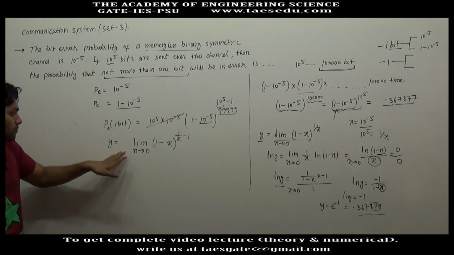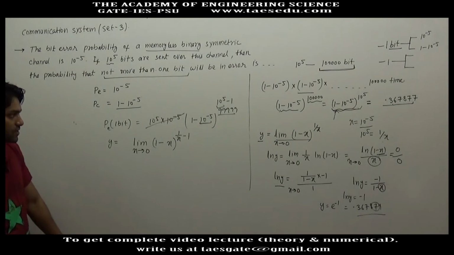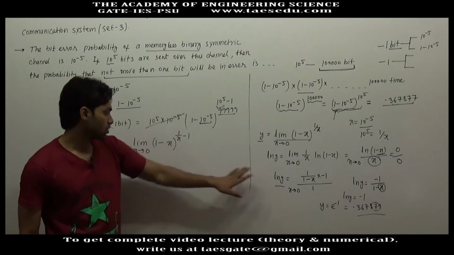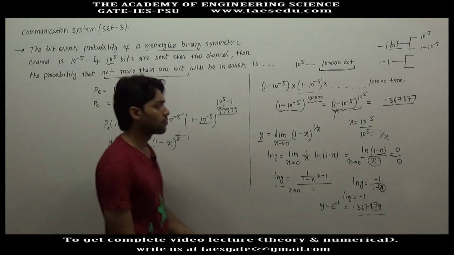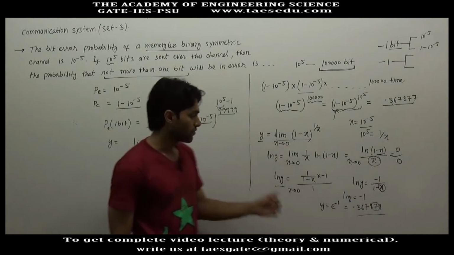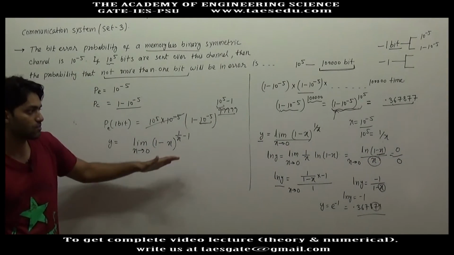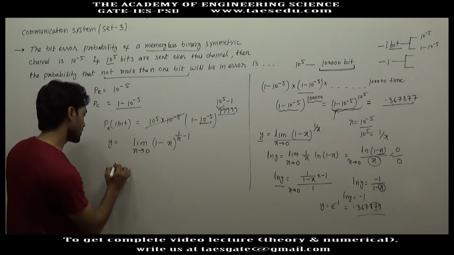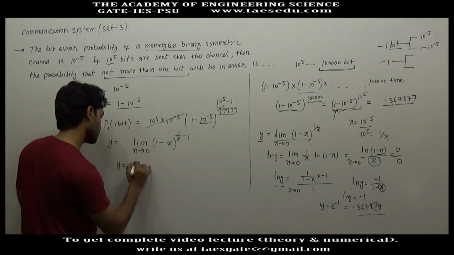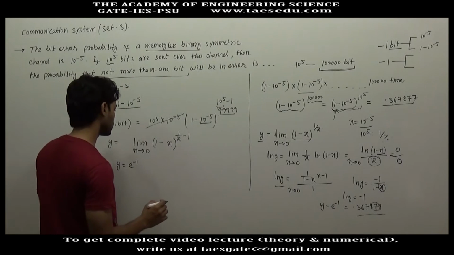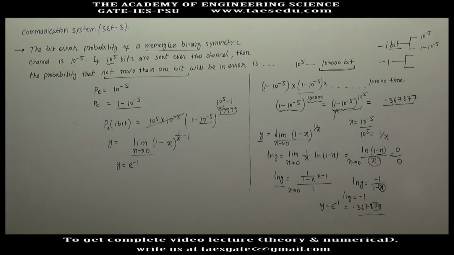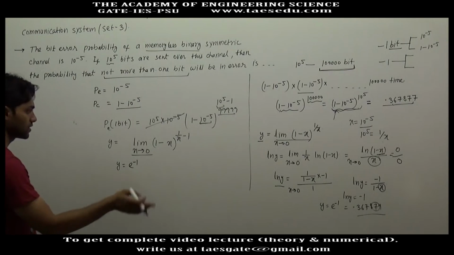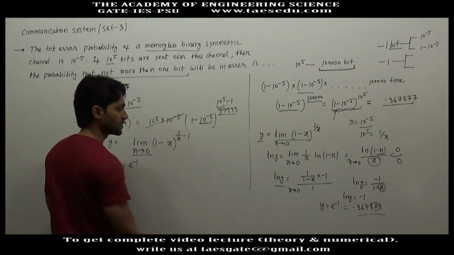Now, as we did in this case, you use the same procedure, take log both sides, you will again get a form of 0 by 0 and differentiate numerator and denominator. So again you will get y as e to power minus 1 if x tends to 0. Okay, and by adding these two probabilities you will get the answer.